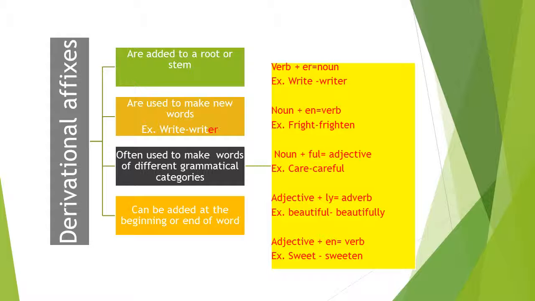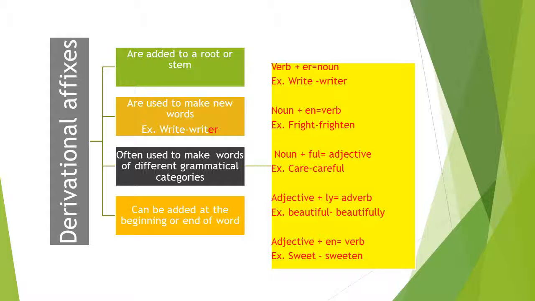The derivational affixes are added to a root or a stem, and are used to make new words. They are often used to make words of different grammatical categories. As you see, there are several examples that I put in the slide.